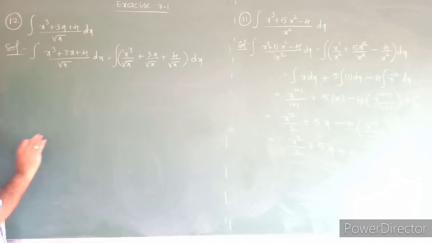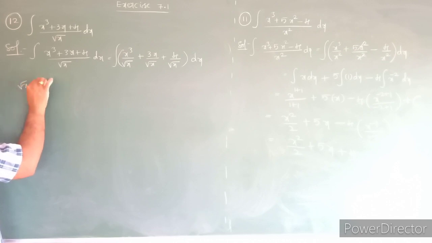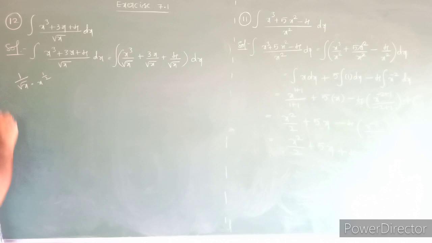So see students, what is the meaning of root x? Root x is nothing but x power 1 by 2. So what is the meaning of 1 by root x? 1 by root x means x power minus 1 by 2. Yes or no?